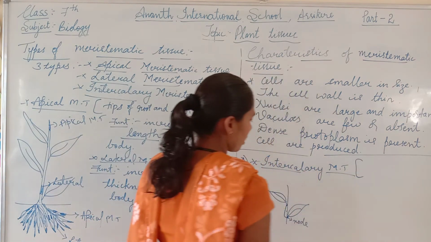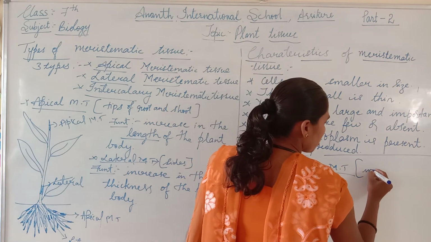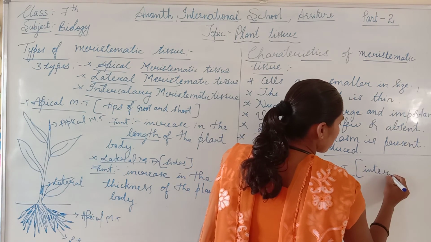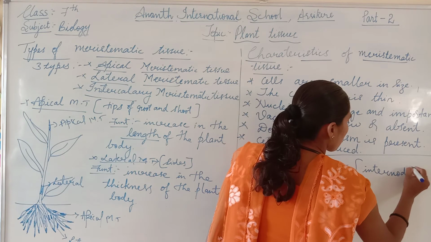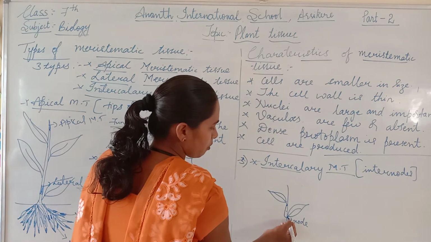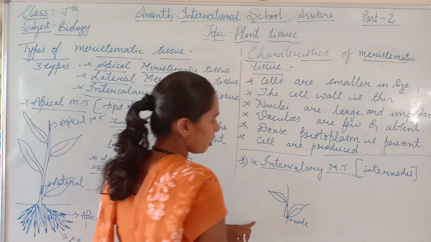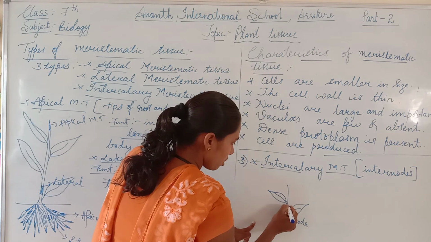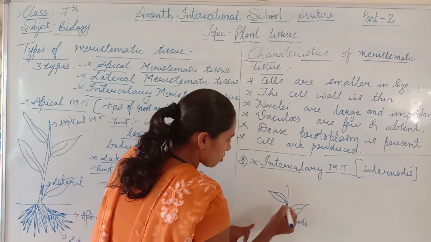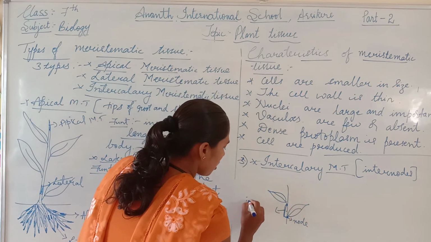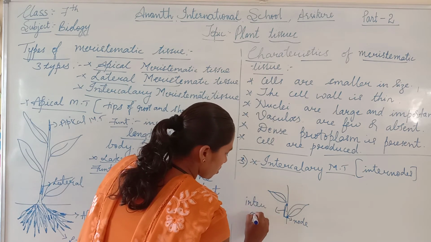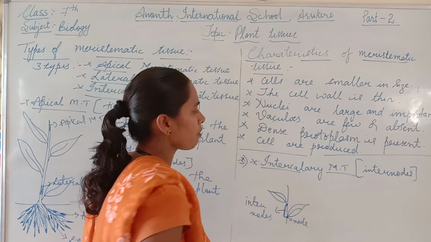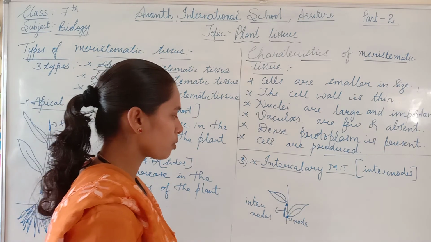This intercalary is present in the internodes. Where the nodes are present, from where the leaf arises, that is called as the node, and the space between these two is called as the internodes. Then what will be the function of this intercalary meristematic tissue?